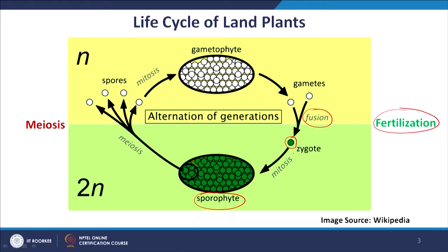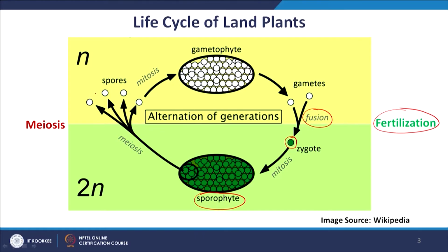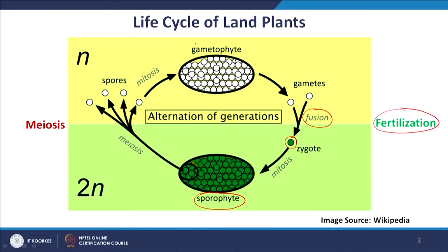After fertilization, this diploid zygote undergoes cell division, typically mitosis, to generate the multicellular sporophytic phase. At some point in the life cycle, the sporophytic phase undergoes meiosis, which generates many haploid spores. When these haploid spores undergo further mitotic cell division, they generate the multicellular gametophytic stage. This entire process is called alternation of generations in land plants.